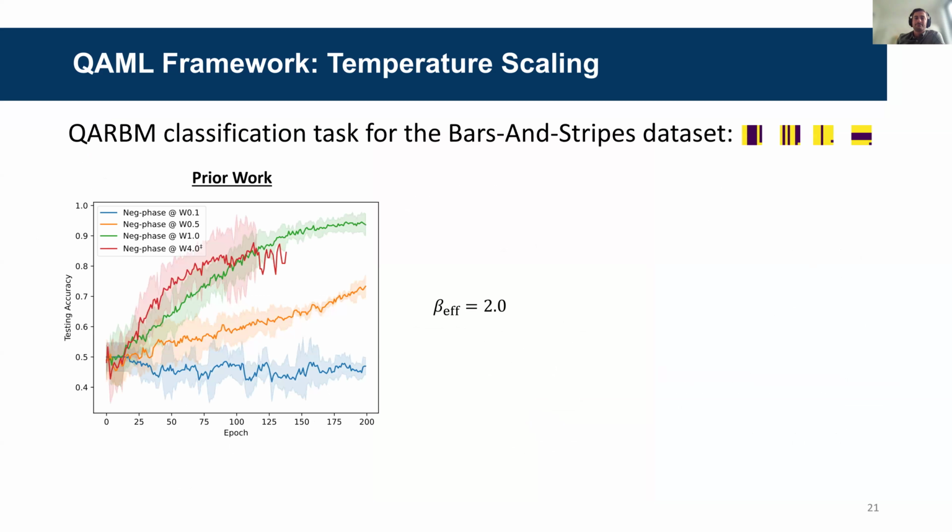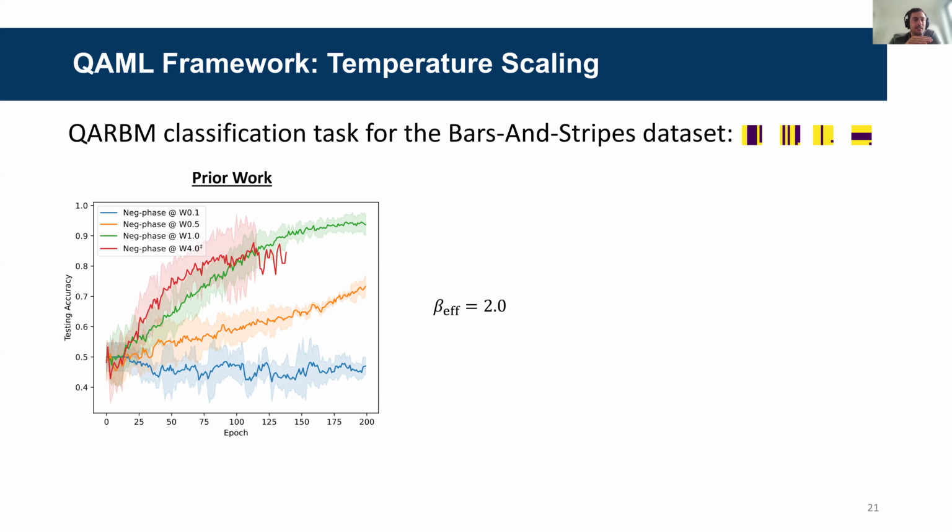And so I'm going to demonstrate the purpose of that with an example. Training for the classification task of the bars and stripes dataset, a pretty simple dataset, but here the graph shows the testing accuracy over 200 epochs, classifying between bars or stripes. Each line here corresponds to a set of models that's initialized with different seeds.